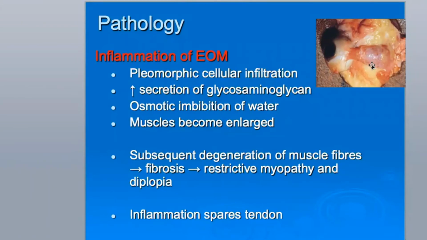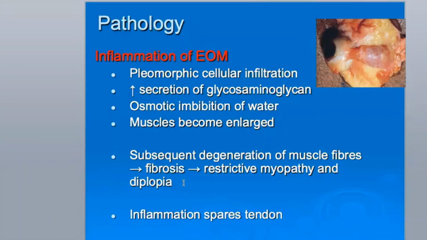So instead of having diplopia for a few months, they will have diplopia lifelong, because once it has reached the fibrosis level, regardless of whatever treatment you give, it will never respond. So you want to diagnose the patient at the early stage of thyroid eye disease, because you need to start them on anti-inflammatory medication to reduce all the swelling and avoid the patient going into fibrosis.